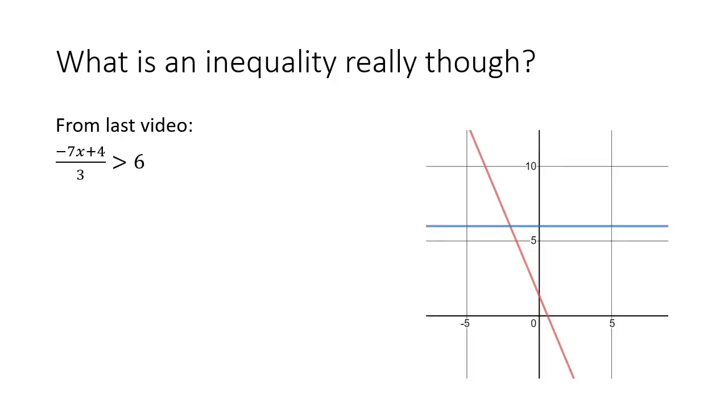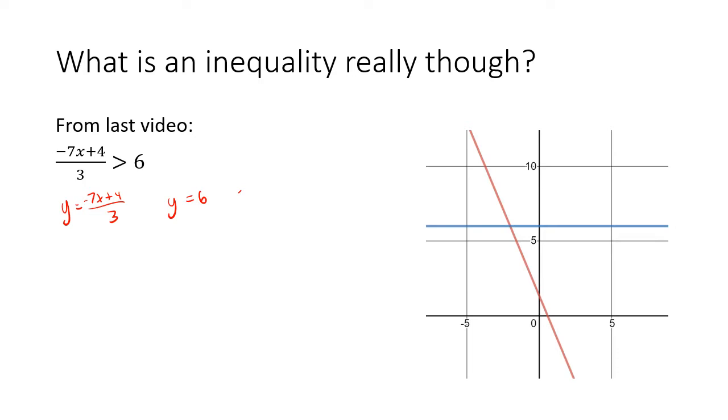Okay, so this is an example from the previous video. And because I am a mathematician, if I have a statement like this, where it's relating one quantity to another, I could say something like y is equal to negative 7x plus 4 divided by 3, and y is equal to 6. I could just break this up and graph it, to get a visual representation of what's happening here.